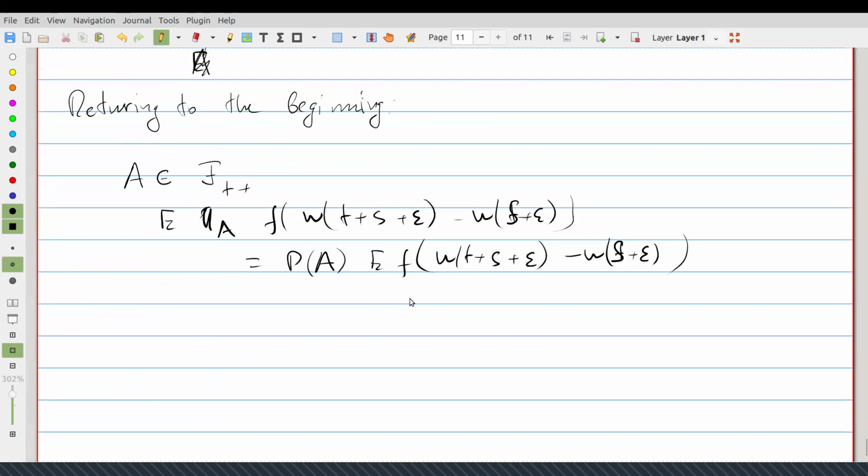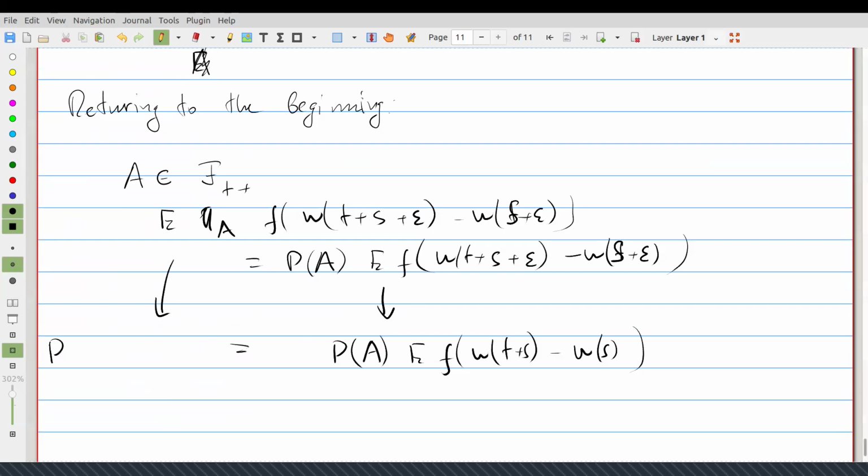Now we can go to the limit on the right and the left hand side by the Lebesgue convergence theorem to obtain the following. This is also equal.